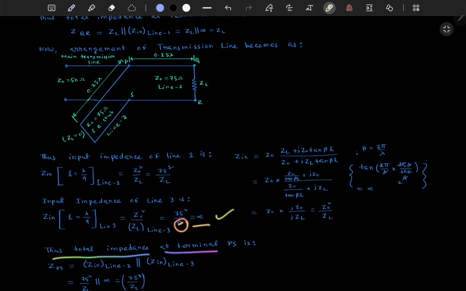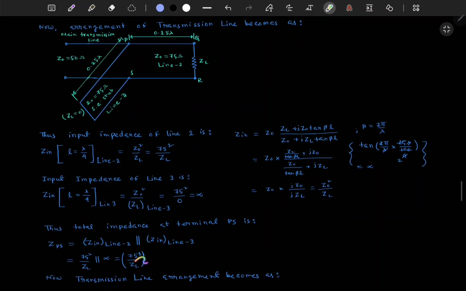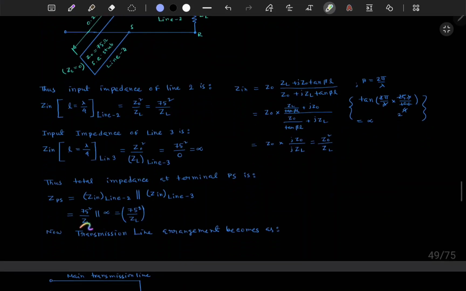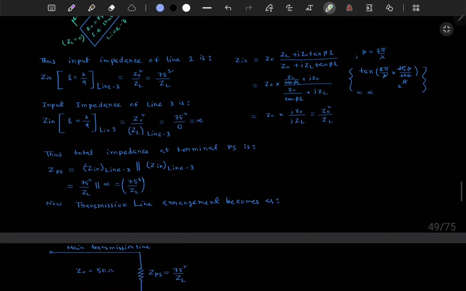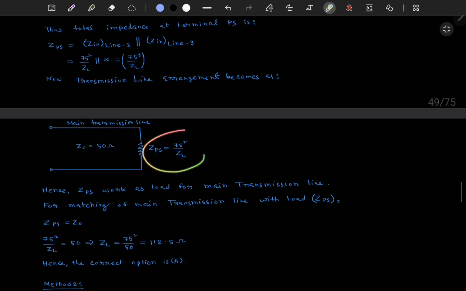So thus the total impedance at the terminal is line 2 parallel with line 3, with respect to this point, this and this are in parallel, so this in parallel with infinite will come to this only. So the big term will not come in the output, the small term will come in the output in case of parallel. So now the transmission line arrangement becomes only this.